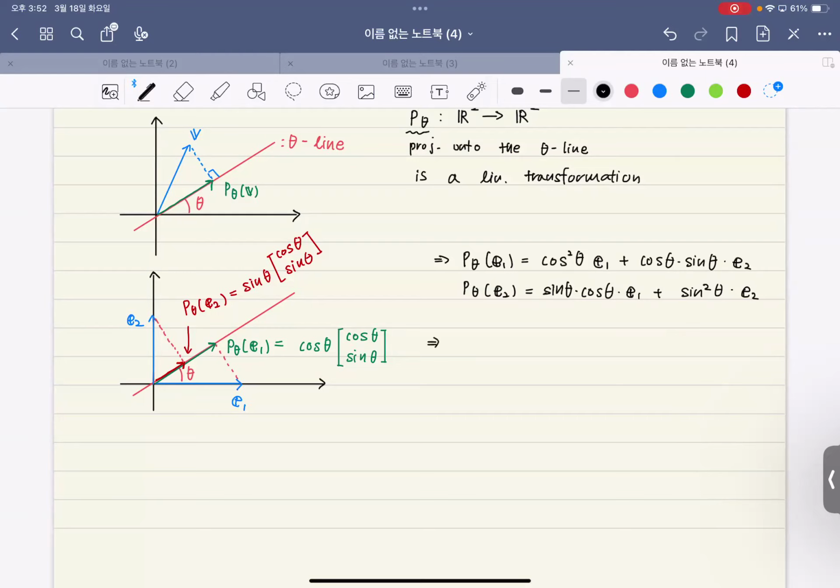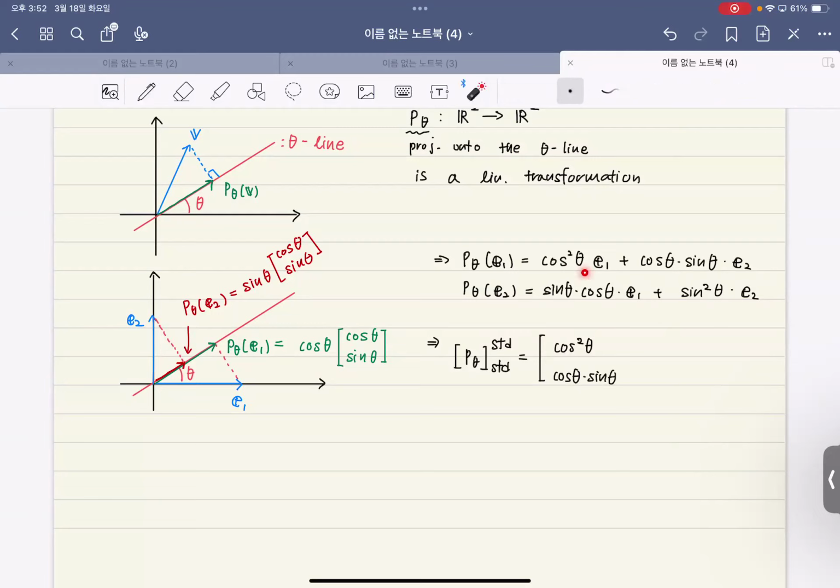So the matrix representation of this linear transformation in terms of the standard basis is: I have cosine squared and cosine times sine there. Therefore, the first column has to be cosine squared and cosine times sine.